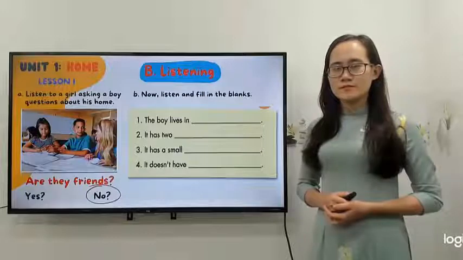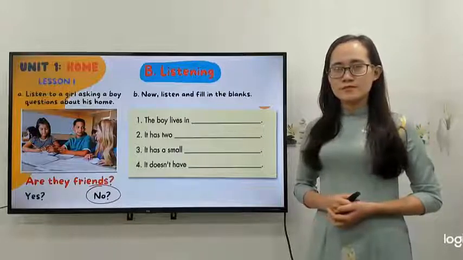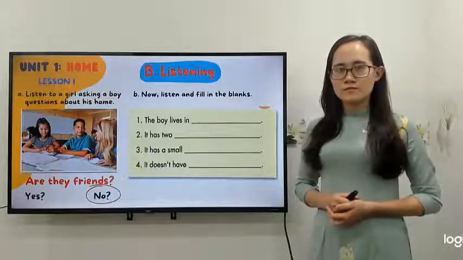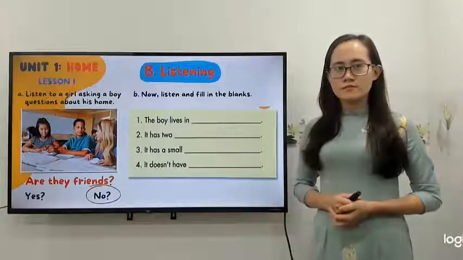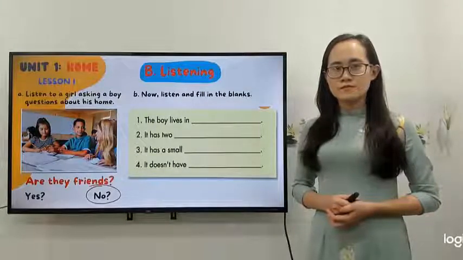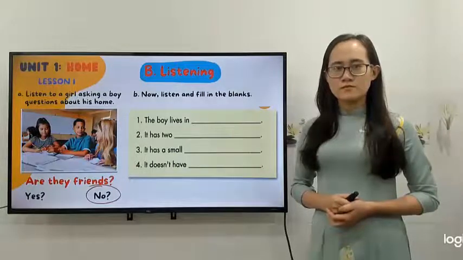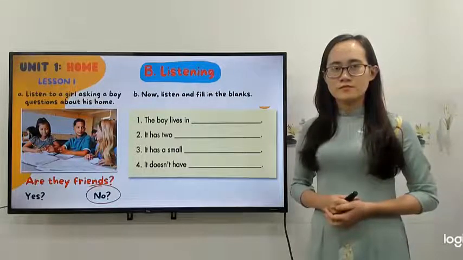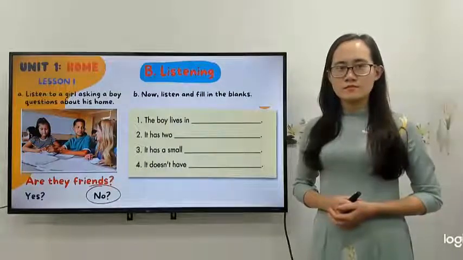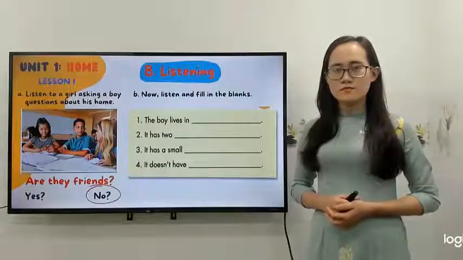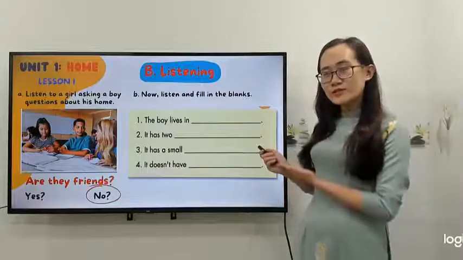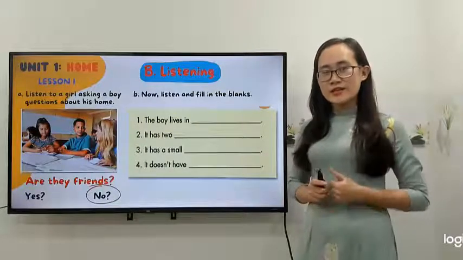No, I don't. I live in an apartment. How many bedrooms does it have? 2. Does it have a pool? Yes, a small one. Does it have a garage? No, it doesn't. Does it have a gym? Yes, it does. There's a gym in the basement. Does it have a balcony? Yes, it does. I can see the city from it. Great, thank you for your help. You're welcome. Goodbye.